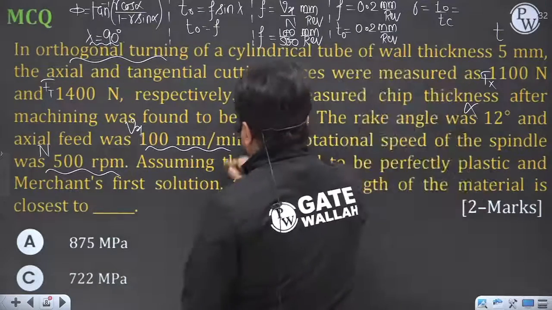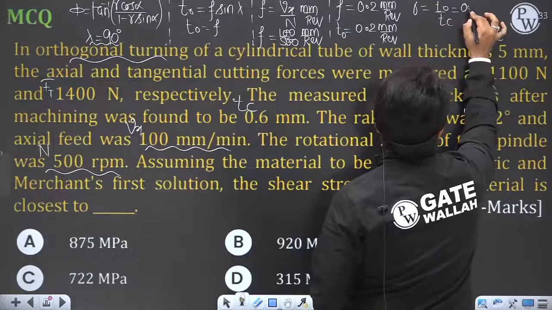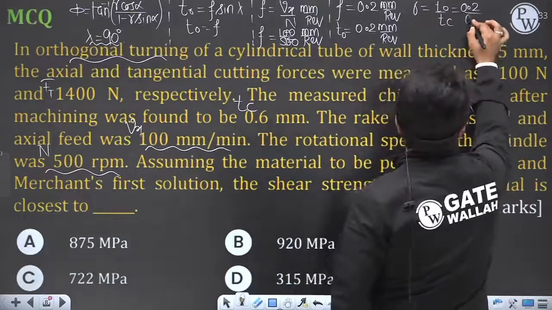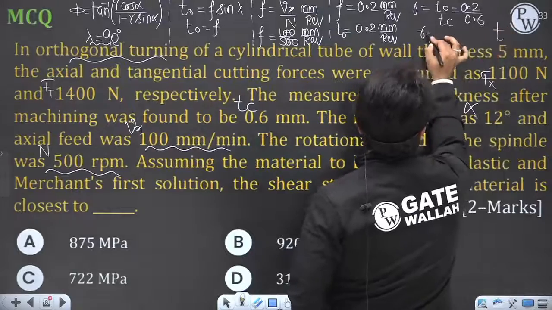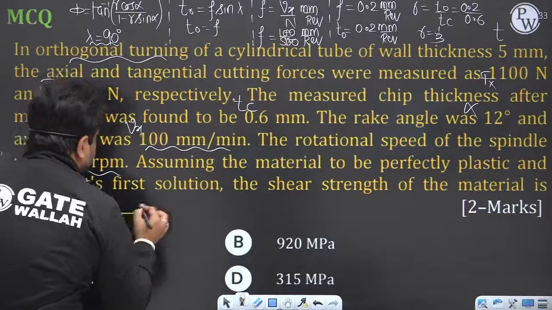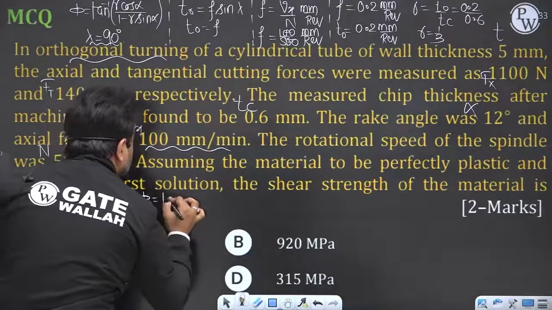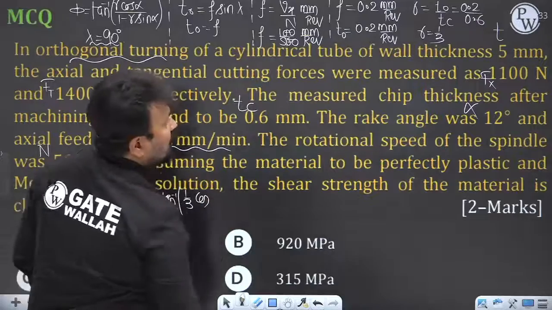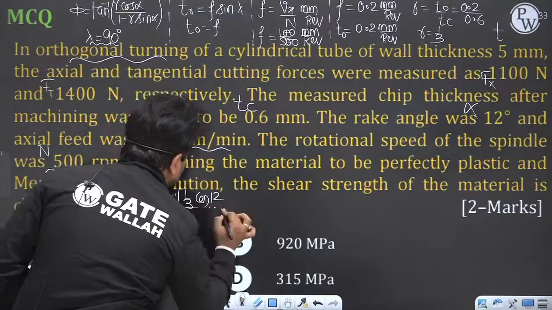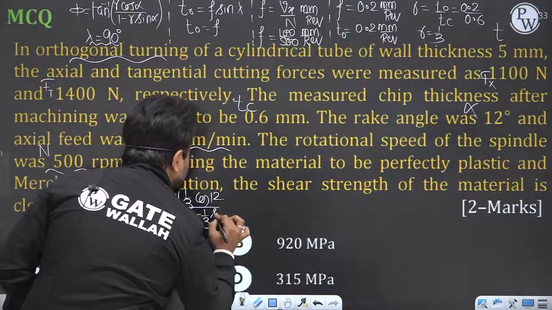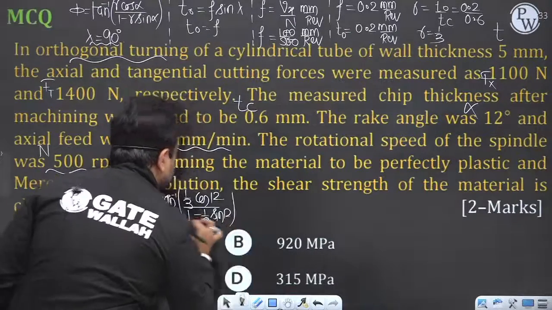Here T naught is 0.2 and TC is 0.6. So R is 1 by 3, right? So what will be the value of phi here? Tan inverse of 1 by 3 cos of alpha, that is 12, divided by 1 minus 1 by 3 sin of 12.